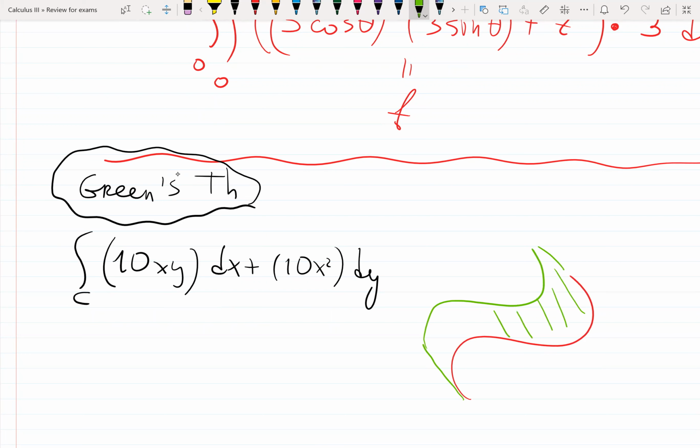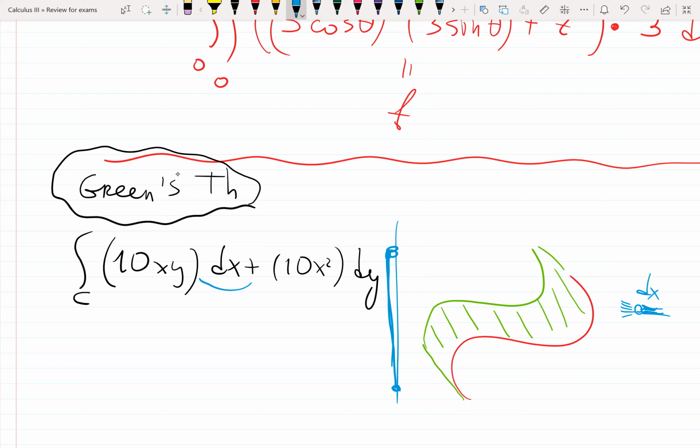over this curve. A very interesting explanation I heard from a friend: if there's a flashlight shining in this direction from the right, that will be the x direction. Then the shadow will be a normal integral. The shadow will be from here to here, and that is the x part.